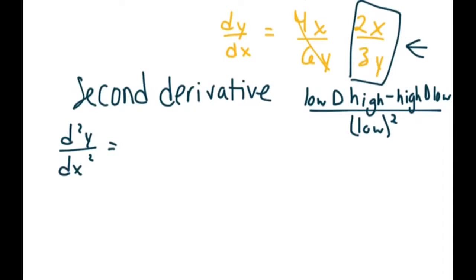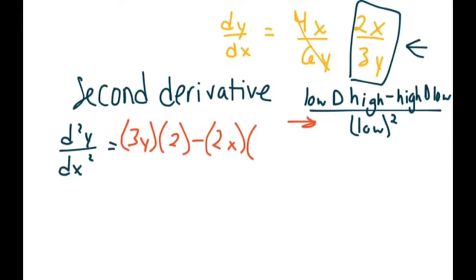And to do quotient rule, you're going to use this formula right here. So low d high minus high d low. So you're going to do the bottom, low, times d high, the derivative of the top term. So that would be 2 minus high, 2x, times, and then the derivative of the low.